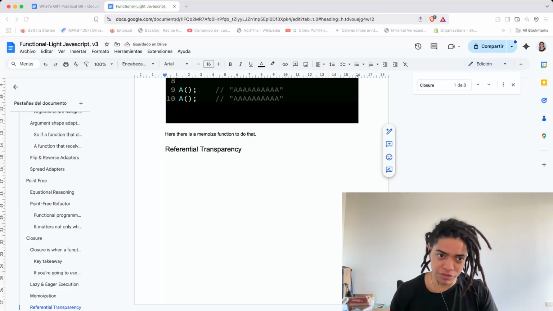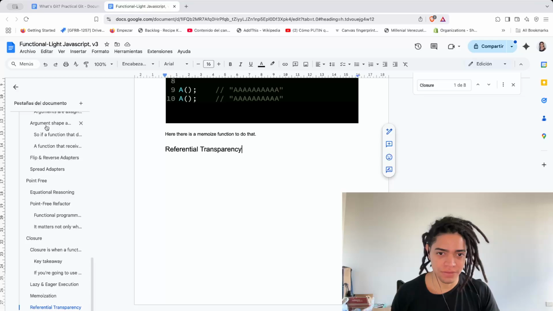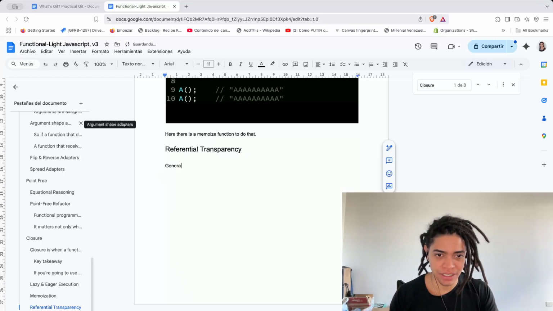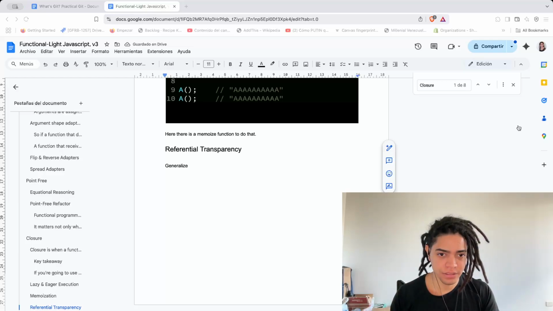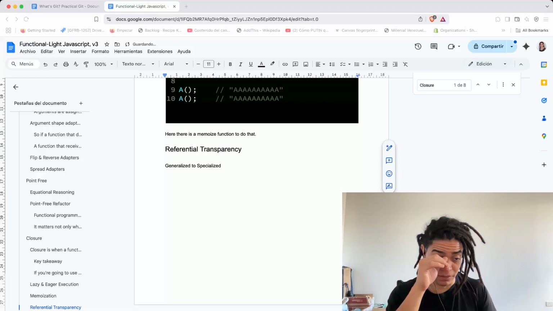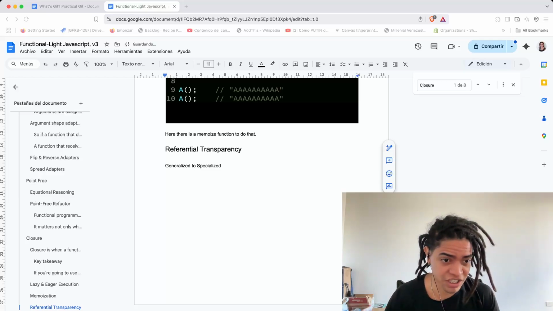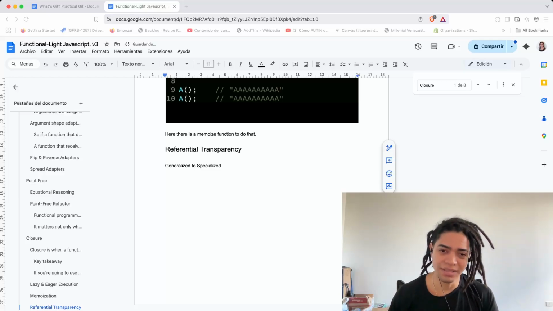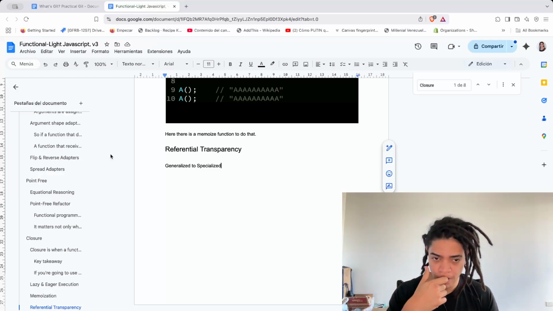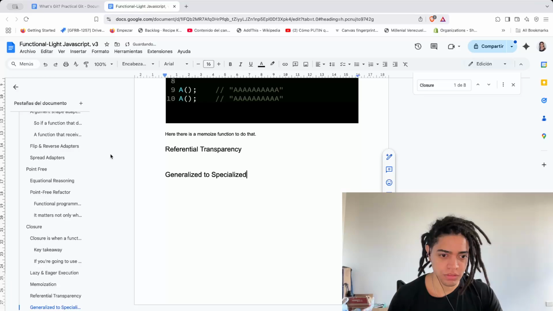Referential transparency, and generalized to a specialized function, and things like partial application and currying, a partial application and currying example, and changing function shape with currying. Okay, makes a lot of sense. Okay, so yeah, let's get into this.